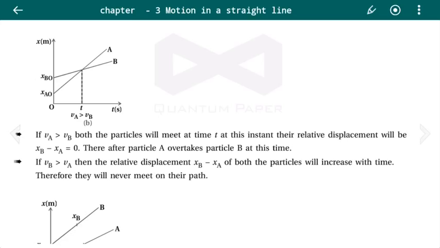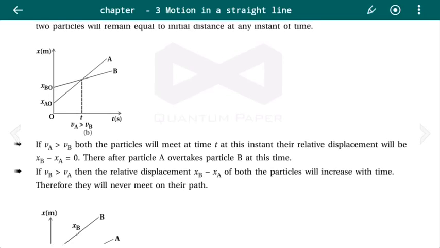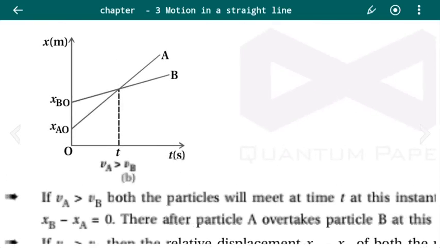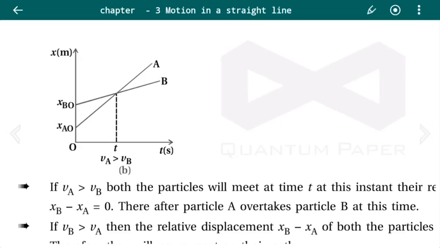Thereafter, particle A overtakes particle B. So, initially, both the particles will be moving with their velocity. But at some particular time t, you can see over here that both these particles will be intersecting. That means they are meeting at time t.